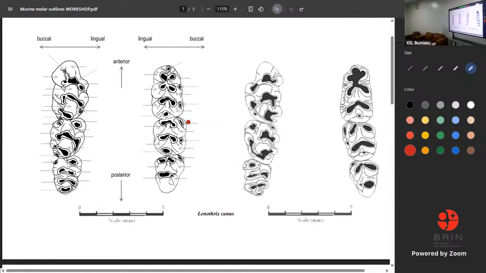Now, staying on the same page, did you notice this scale? If you notice the scale, that's 5 millimeters.